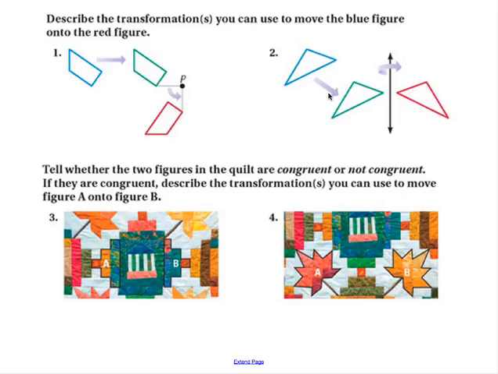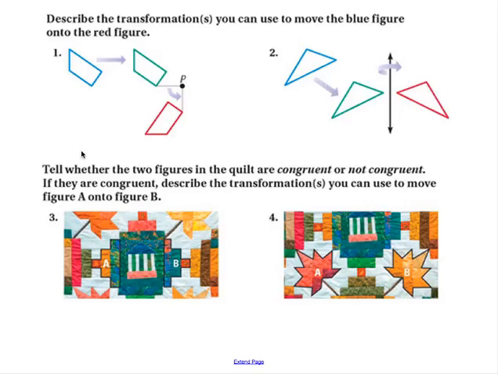Additionally, over here we might have a translation and a reflection over this line. If we knew what this line was specifically, like the x-axis or the line x equals 2 or something like that, we would want to definitely say this. If we knew how many units we were translating, we would have to mention those as well.